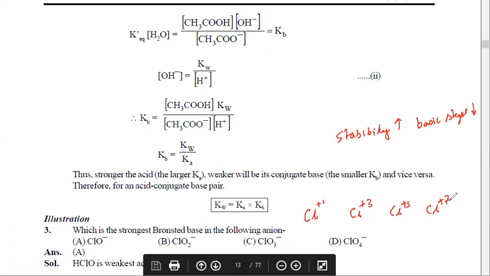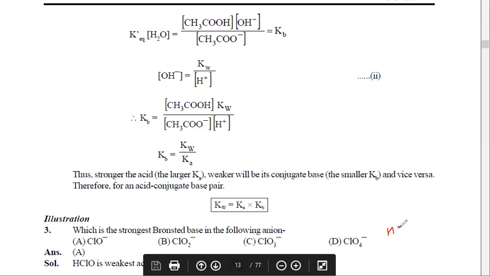We know that the more the oxidation number, the more the tendency to accept electrons, and it is more stable. So HClO4 will be the strongest acid.